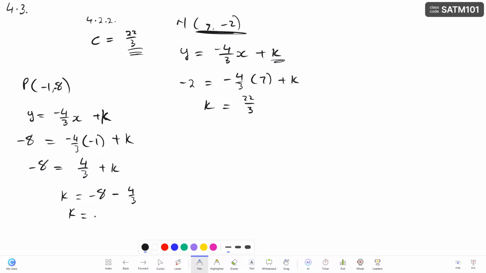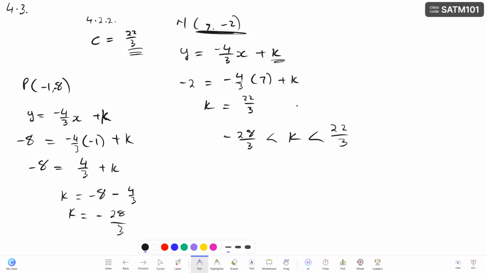k is equals to -28/3. So the possible values of k that will make the equation be a secant is going to be -28/3 less than k, less than 22/3.